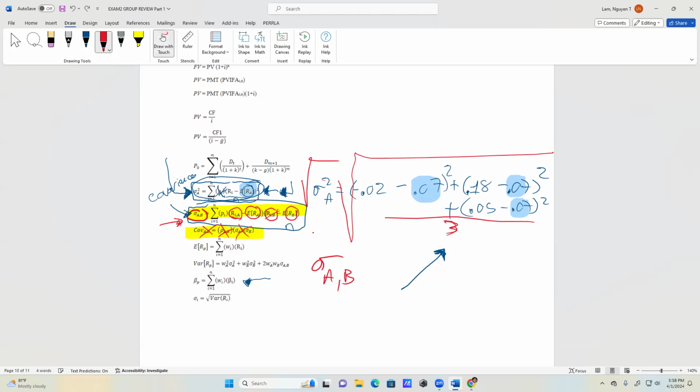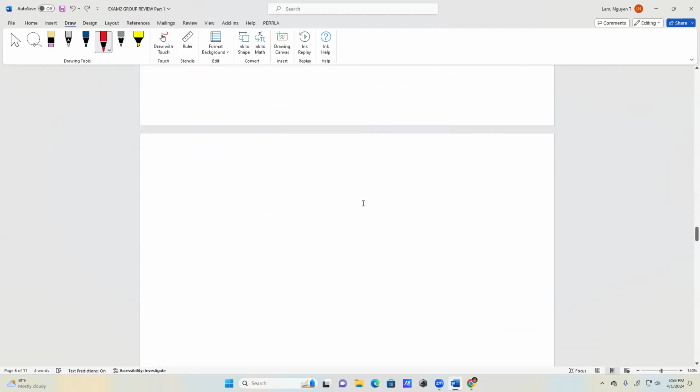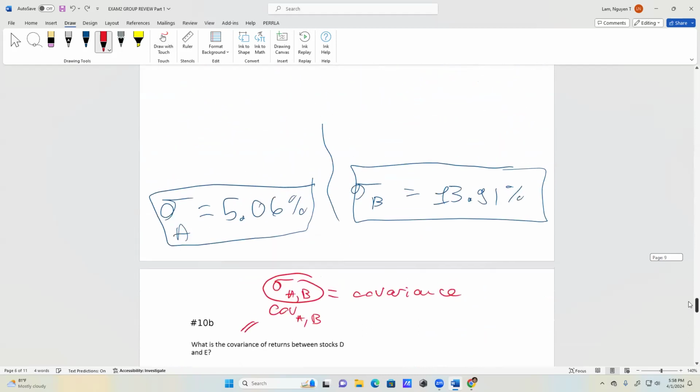They each belong to their own stock. If it's B, then the B's go together. If it's A, the A's go together. Keep that in mind. And a reminder again, covariance has nothing to do with the square root, so don't take the square root on it.